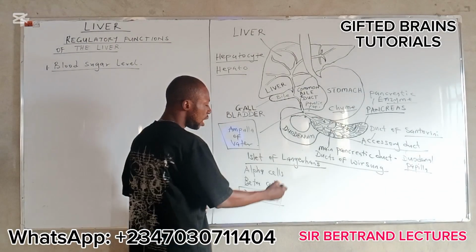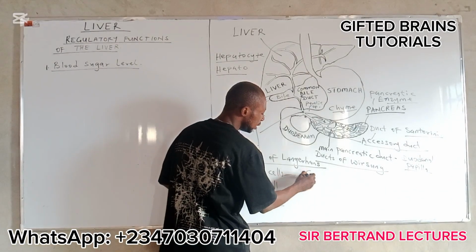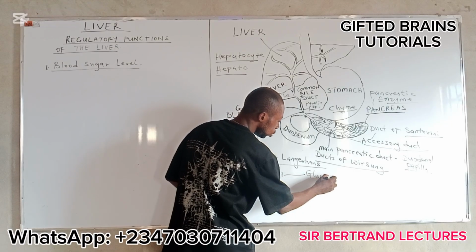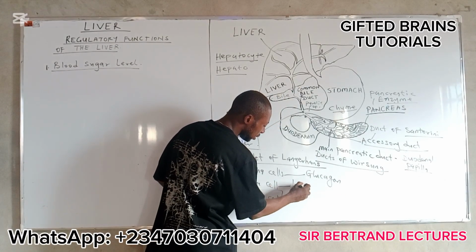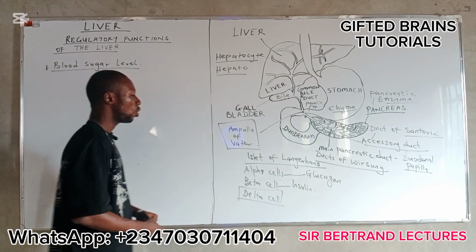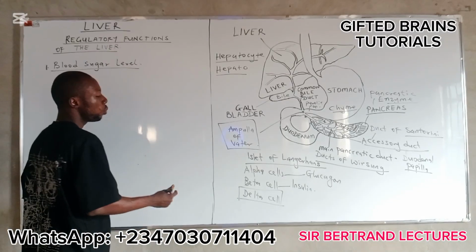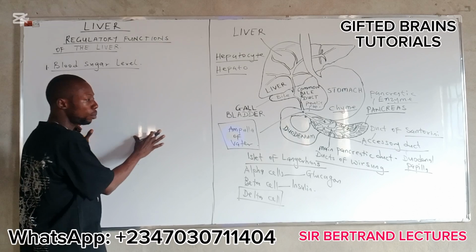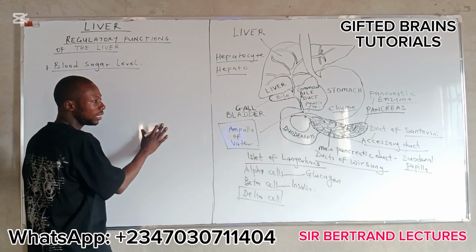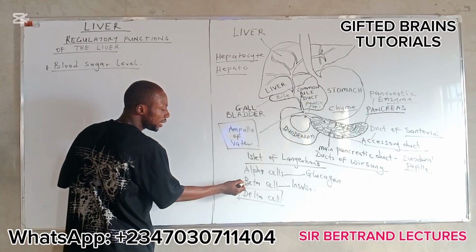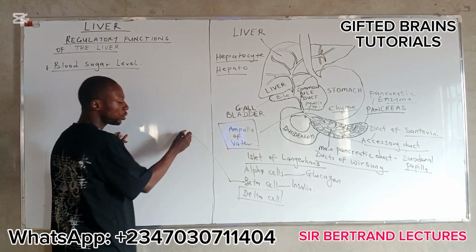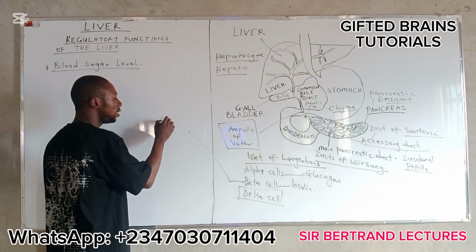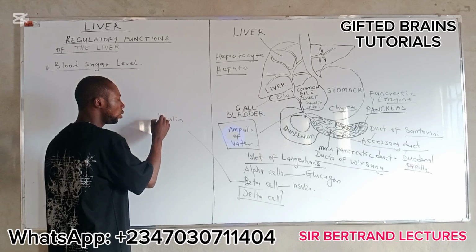The alpha cells synthesize glucagon. The beta cells synthesize insulin. Now, when there is excess sugar in the blood, the beta cells will synthesize and release more insulin into the blood.